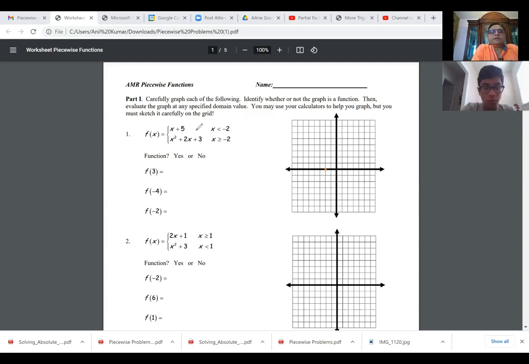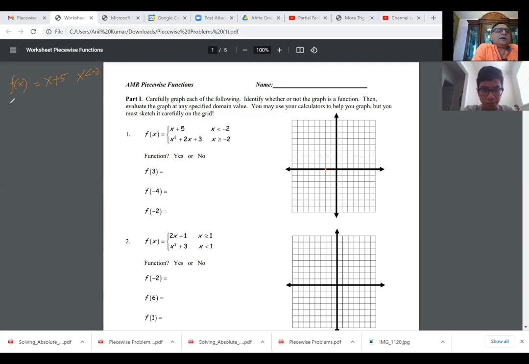So the easy way is that we have this function which is linear. To draw a line, you just need 2 points, correct? So when I have f of x equals x plus 5, and I know that this is for x less than minus 2, I could take 2 points, definitely starting with minus 2, where we are going to have a hole, right?